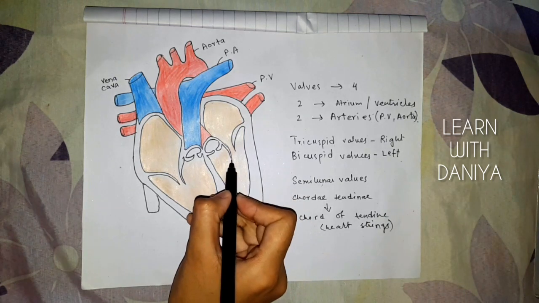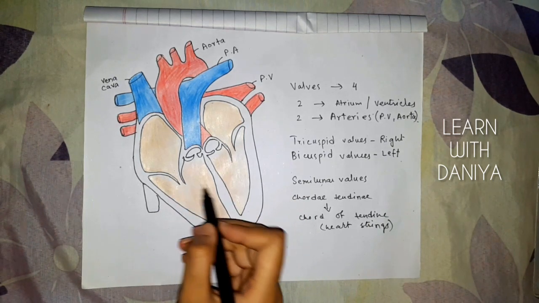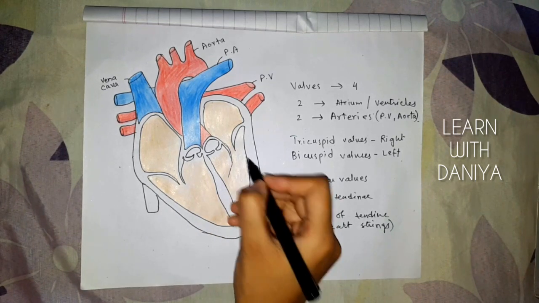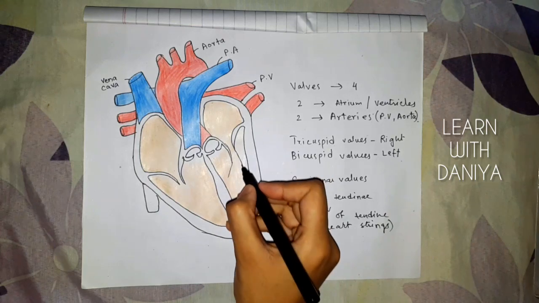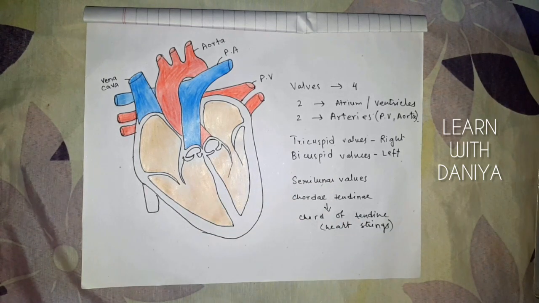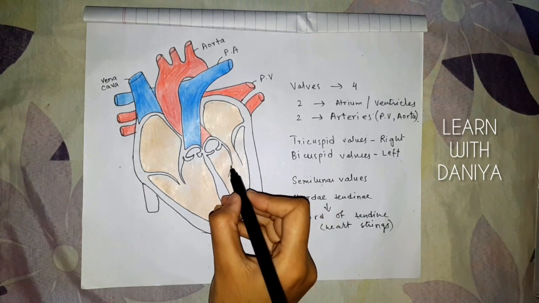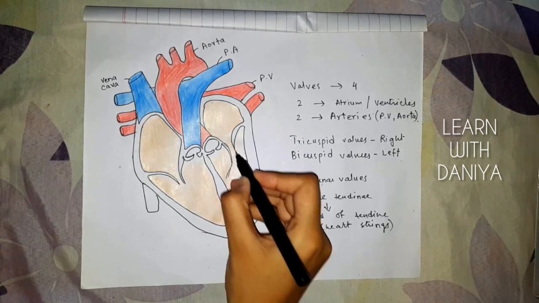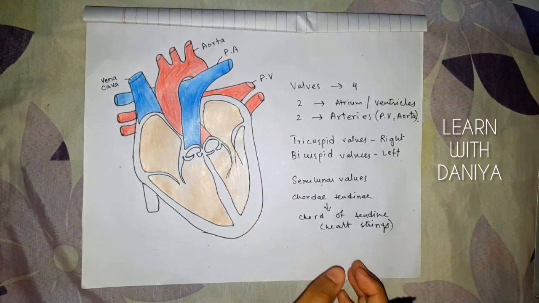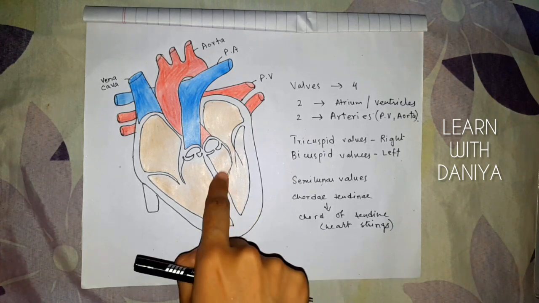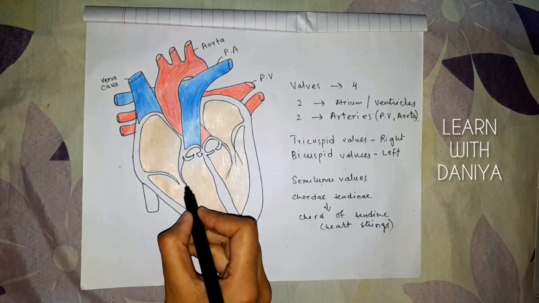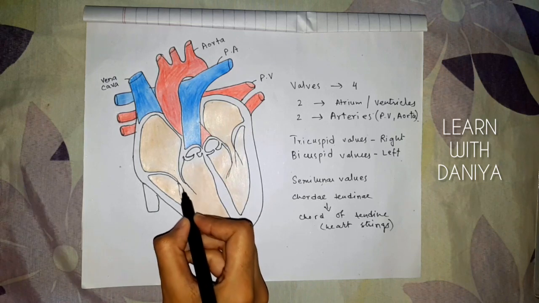These are attached to the bicuspid and tricuspid valves just like these, and they are made up of tendon, which is a slightly tighter structure than muscle. It is like this, and they help in the closing of valves. This is the chordae tendineae.